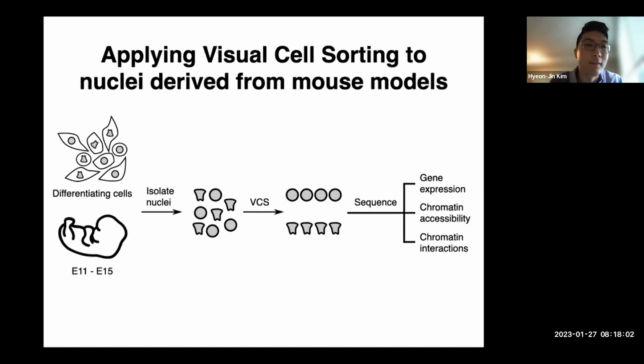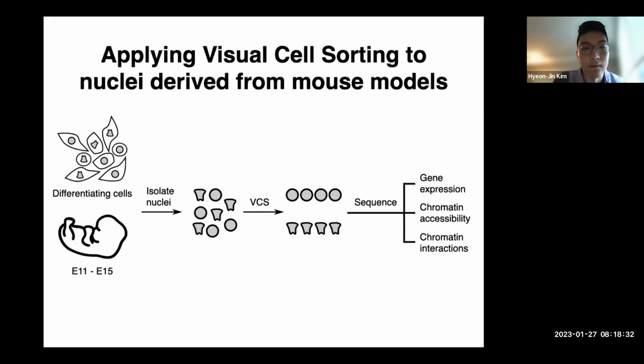Okay, so with visual cell sorting compatible with cell fixation, what we ultimately want to do is apply this method to nuclei derived from mouse models, either the in vitro embryonic stem cell model or the nuclei from the in vivo mouse embryos that are at a later stage, around E11 to E15.